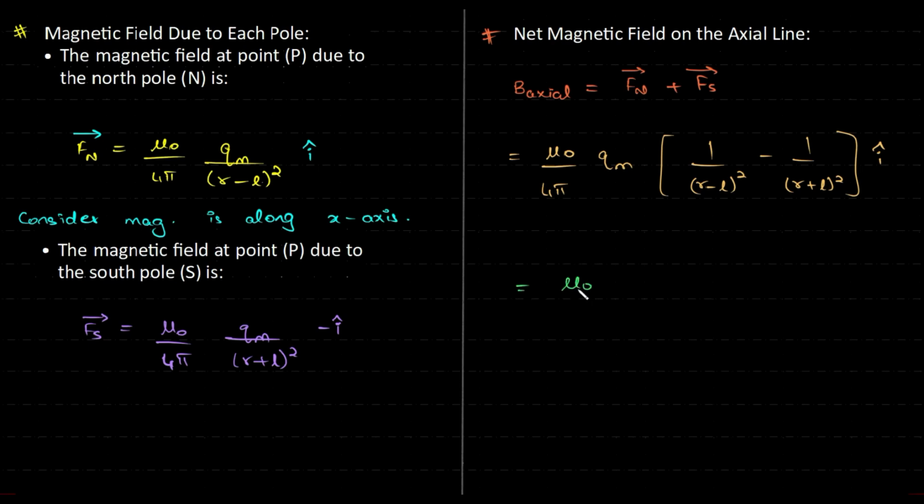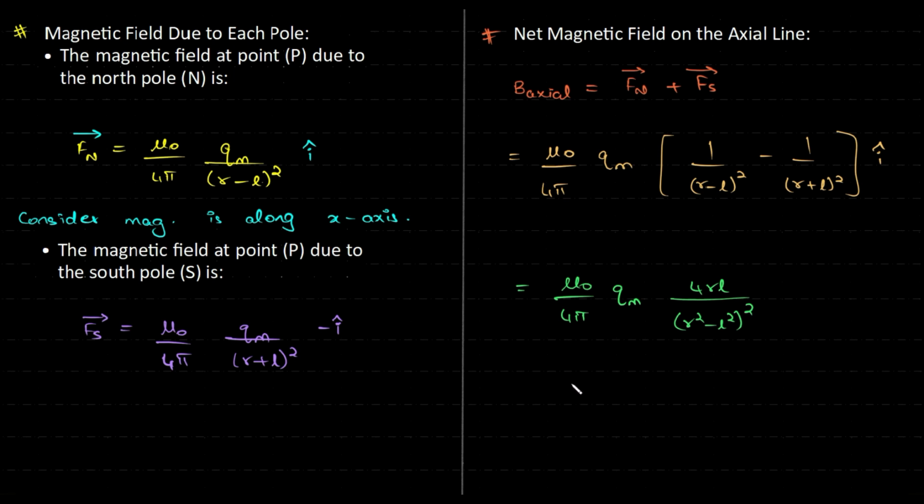A bit of math over here. Taking the LCM and squaring everything, we end up with (r plus L) whole square minus (r minus L) whole square, which results in 4rL, divided by (r minus L)(r plus L), that is (r square minus L square), the whole square. Again, what I'm going to write now is not needed for your exam. This is as per the a square minus b square formula.